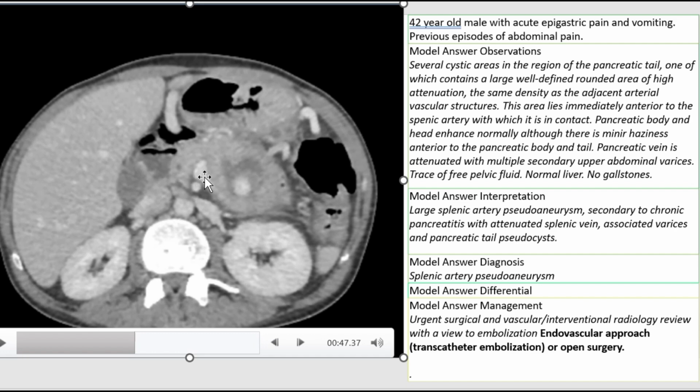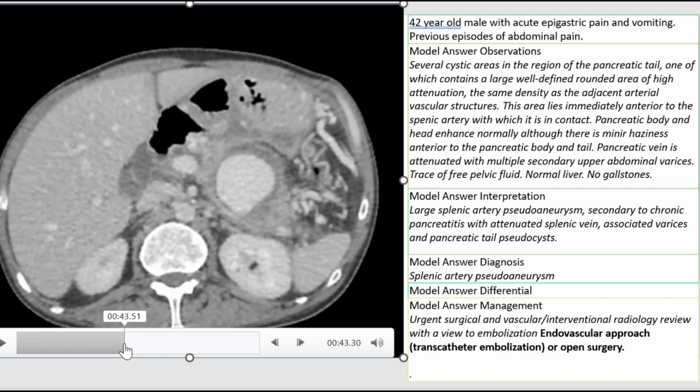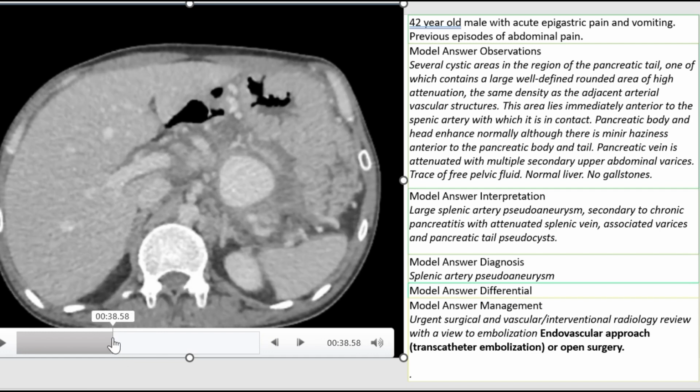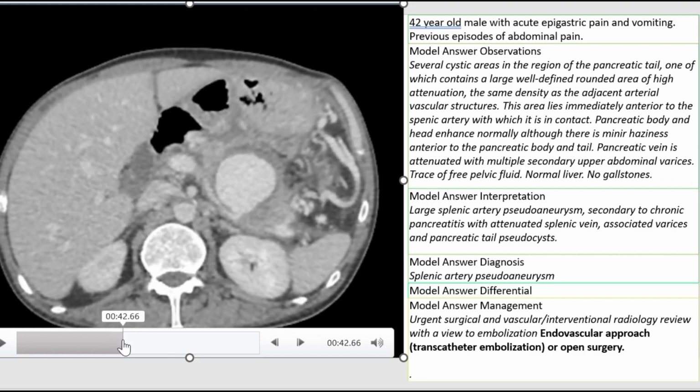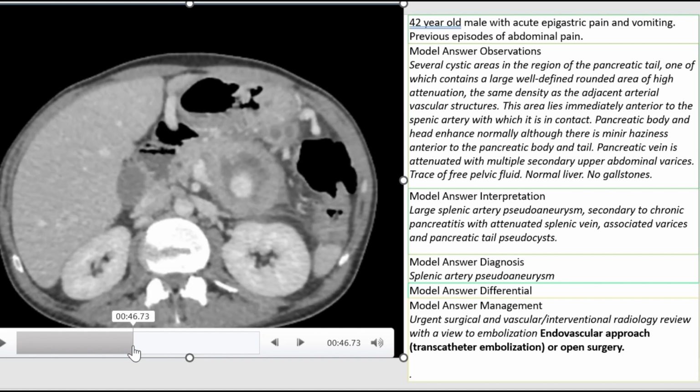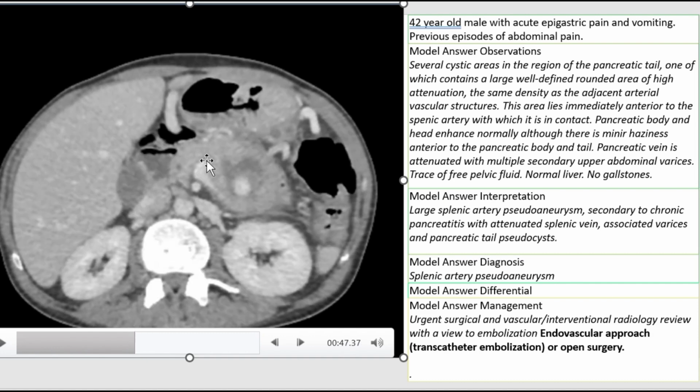The splenic vein and the superior mesenteric vein are joining here to form the portal vein, the main portal vein. So again, the main portal vein is formed by the superior mesenteric vein and the splenic vein.